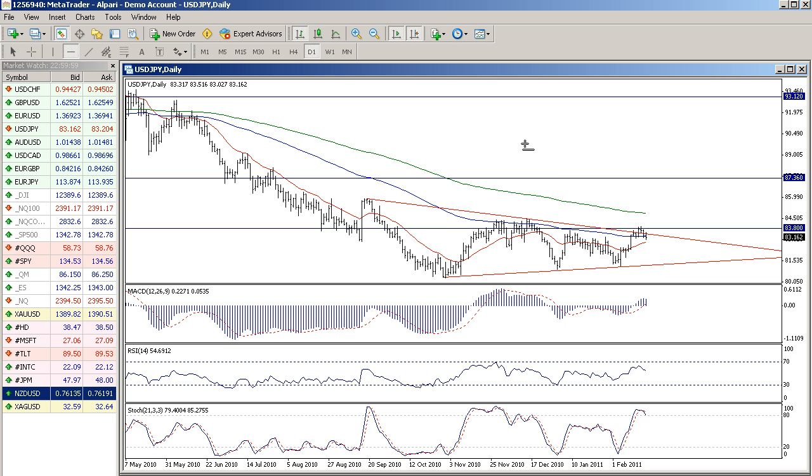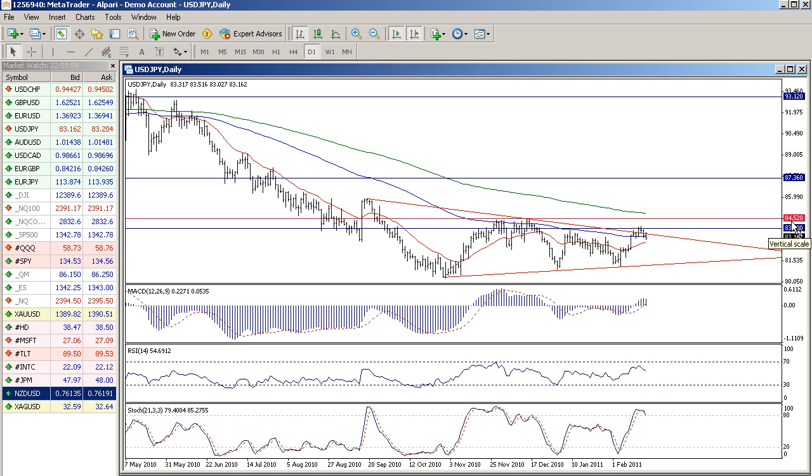The prices have not confirmed this assumption. To confirm, we need a clear break, a clear penetration of the 84.50 level. And only if this level is penetrated, we'll have an uptrend on the daily chart. Right now, the trend on the daily chart remains slightly on the downside. It's a weak downtrend according to our definition, because the prices are around the still declining 100-day moving average and also below the key level of resistance.